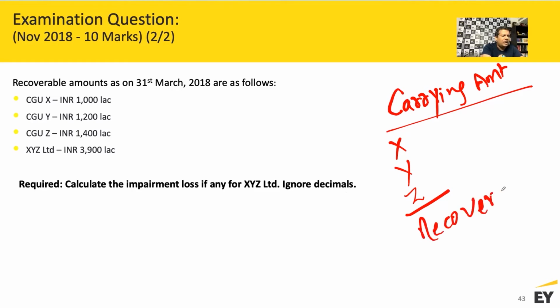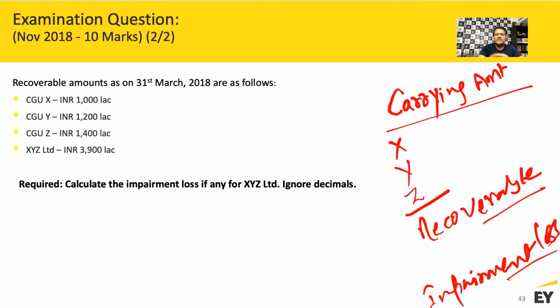Now the recoverable amount is determined as 1000, 1200, 1400, and then for the one building, the corporate unit which cannot be allocated, I also need to do it on an overall basis. So once I've determined the recoverable amount, I need to then compare the carrying value with the recoverable value to determine the amount of impairment loss. That's what I need to do here.